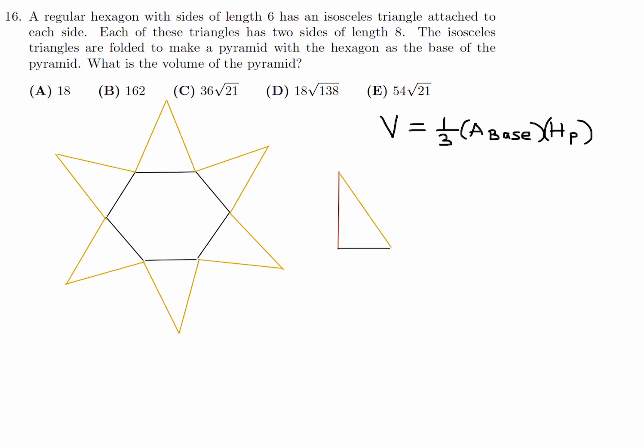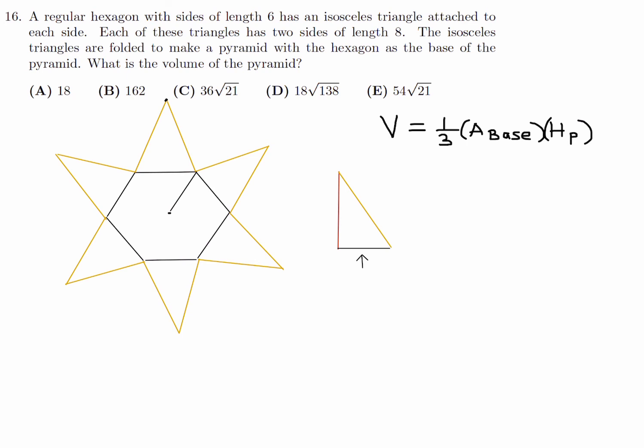So let me explain here. When we flip this up, we need a height that starts at the center of that hexagon and hits the top of the pyramid. And we will need to calculate the length from the center to the edge, which is represented right here.